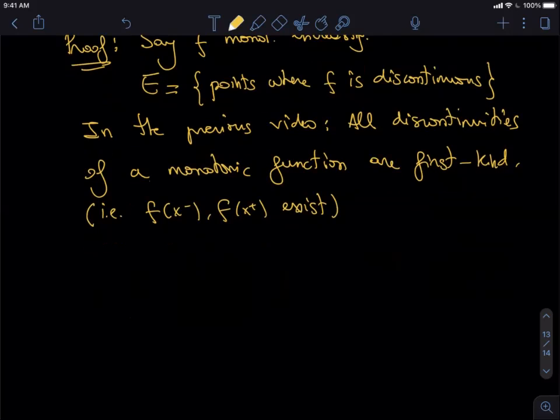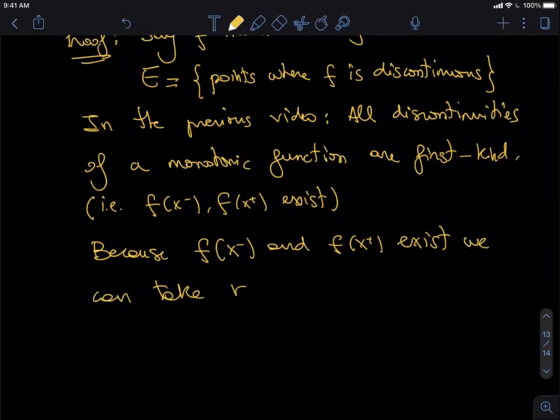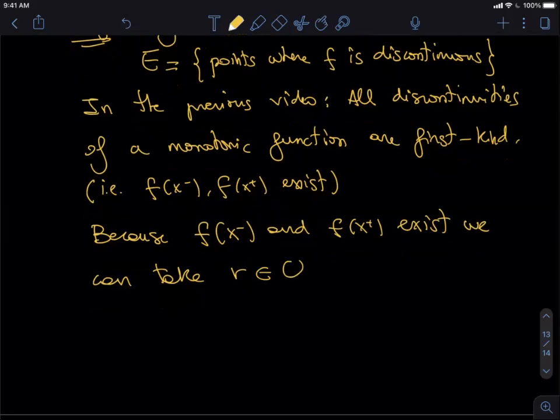Now what we are going to do, because f of x minus and f of x plus exist, we can take a rational number r that is in between them.